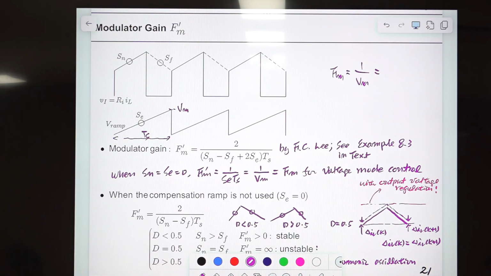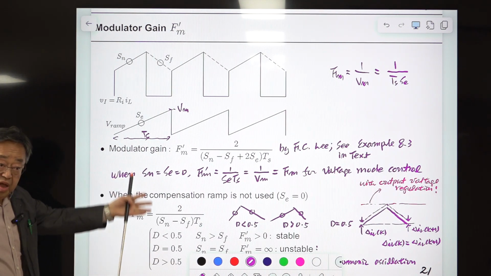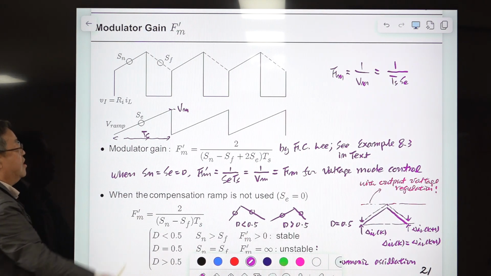So VM is TS times slope of this ramp signal. So this is the case for the voltage mode control. But current mode control expression is this one. Okay. So FM prime is 2 divided by (SN minus SF plus 2 times SC), parenthesis, multiplied by TS.